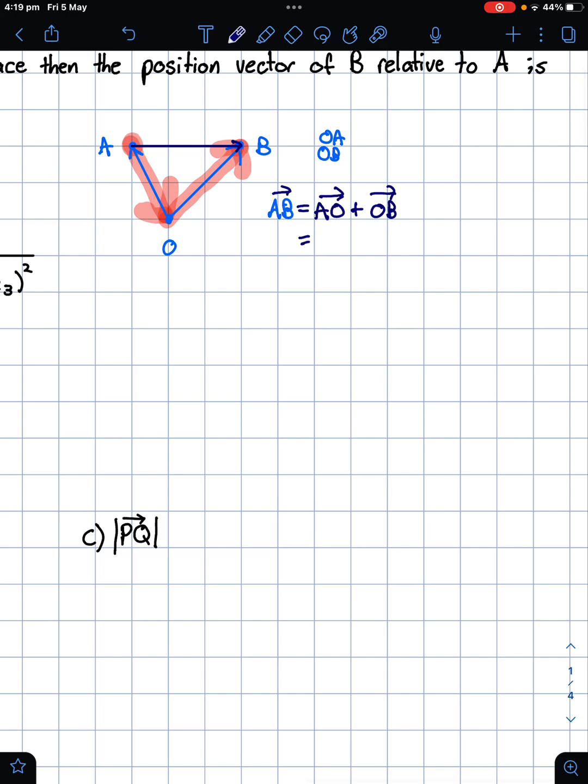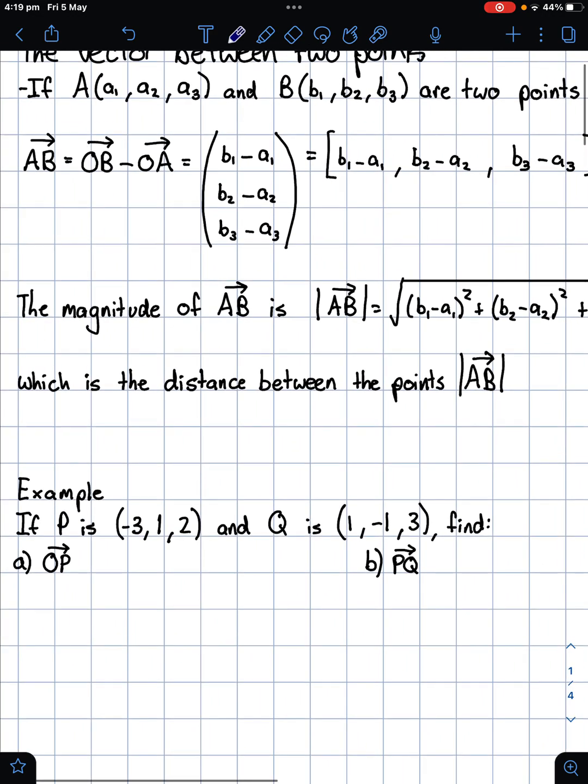Now, we don't have A to O, but we know that this is equal to the negative of O to A, because these lines are parallel and the negative swaps the direction. So AB equals negative OA plus OB, which you will notice is this formula here.